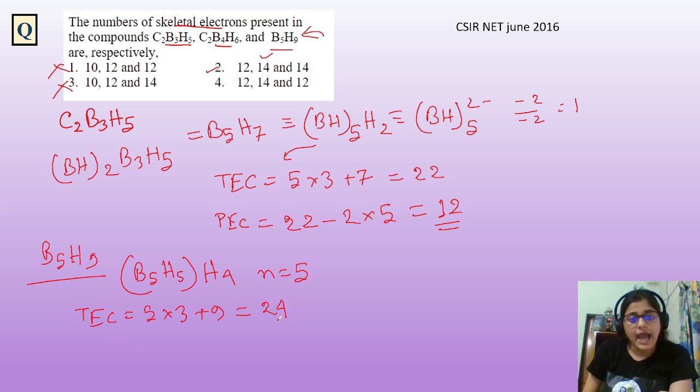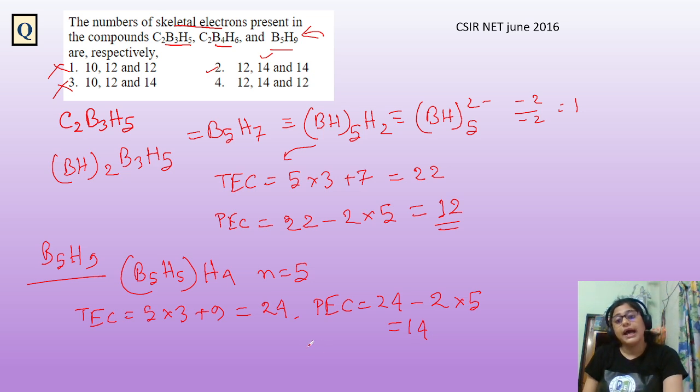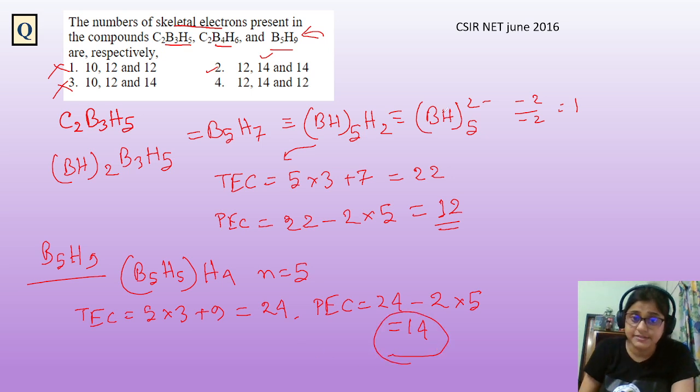And PEC will be 24 minus 2 into n, means 5. That means it will be 14. So the skeletal electrons will be 14 for the third case. So 12 and 14, sorry, 14 not 40, 14 is in the second option. So it will be the correct answer, this one.